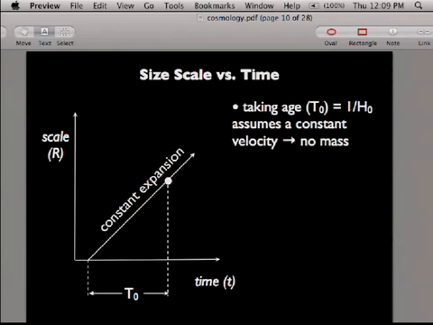So what do you think? If we have matter inside, is our t naught larger or smaller than this t naught? Larger? Are you sure?